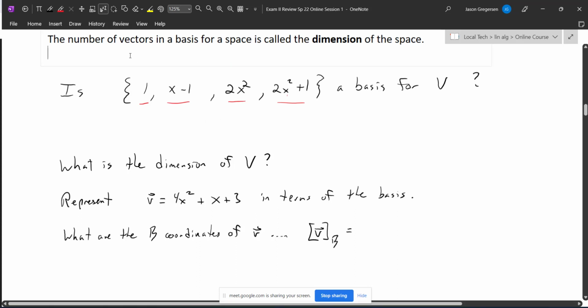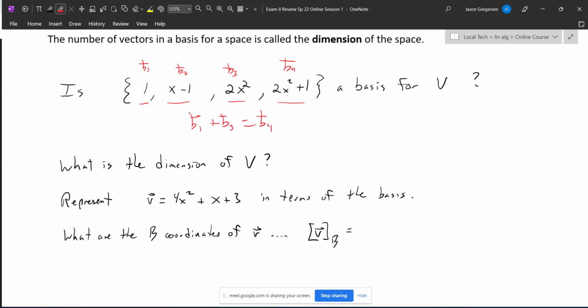However, if I give them names, if I call them B1 vector, B2 vector, B3 vector, and B4 vector, what I see is that if I take B1 plus B3, I get B4. So that tells me B4 is just a linear combination of B1 and B3. B4 is kind of like an extra vector.